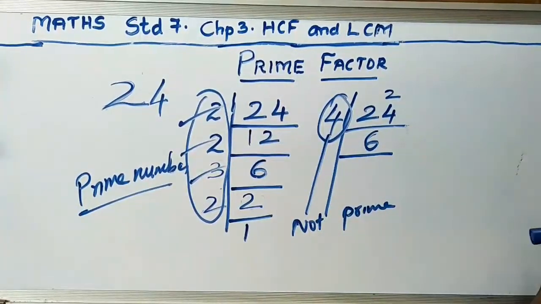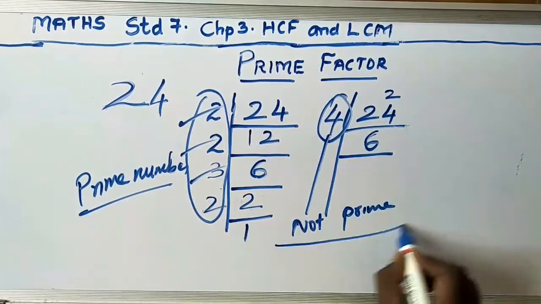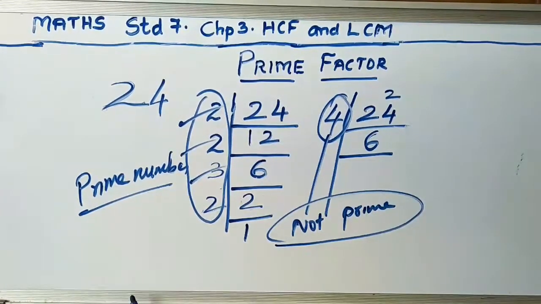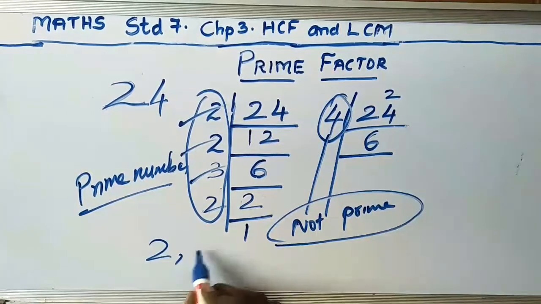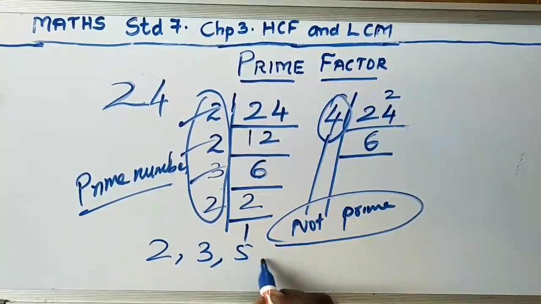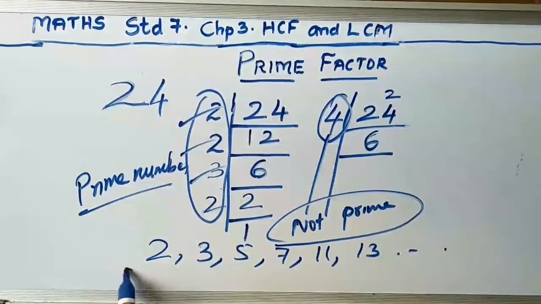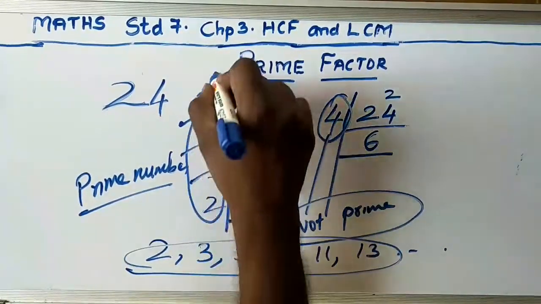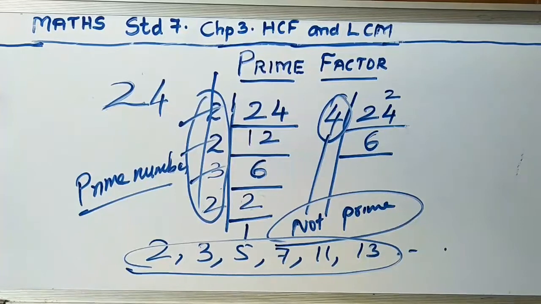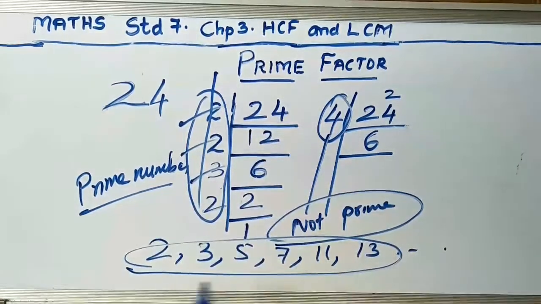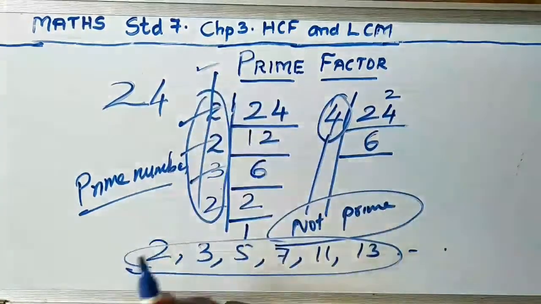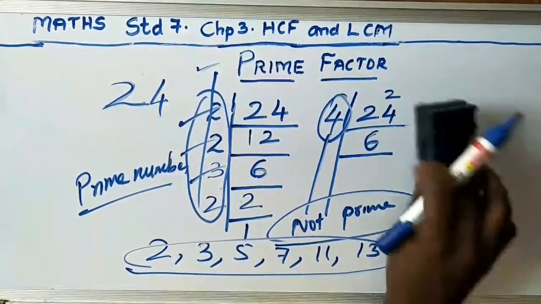So in the previous part 1 video you have seen how to find the prime numbers. You should know that 2, 3, 5, 7, 11, 13. Only these numbers should appear here. It should only be a prime number. So we have given the name as prime factor.